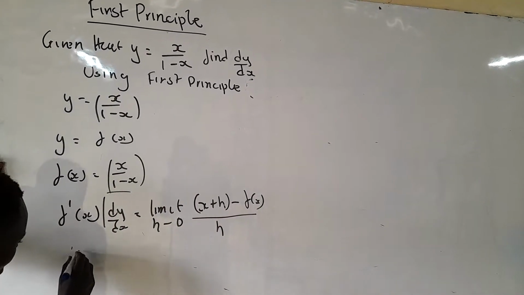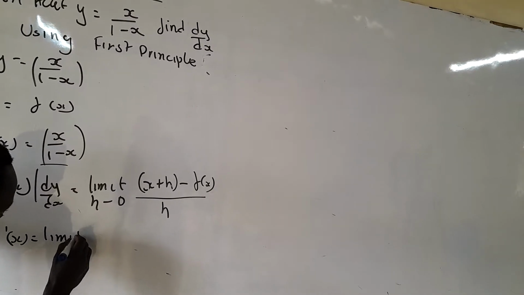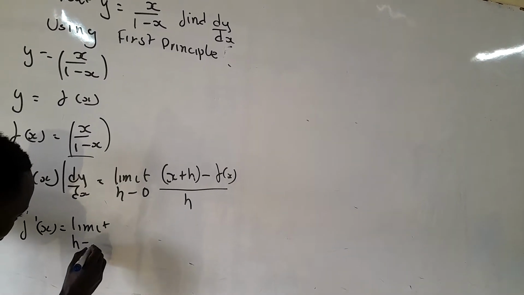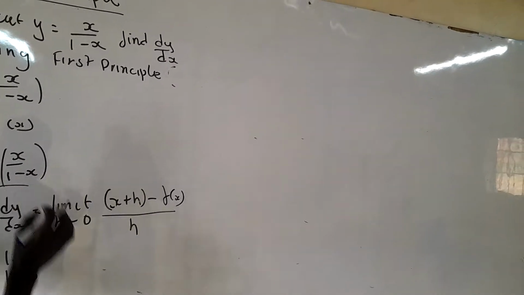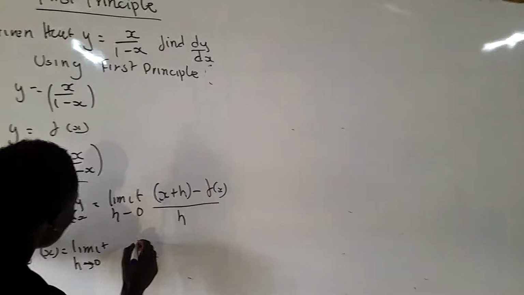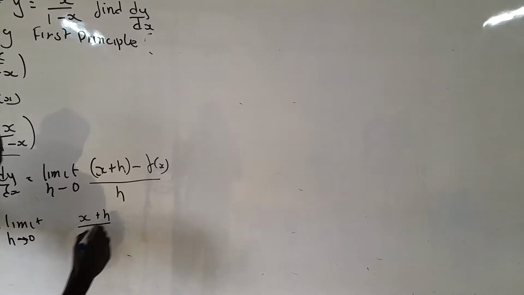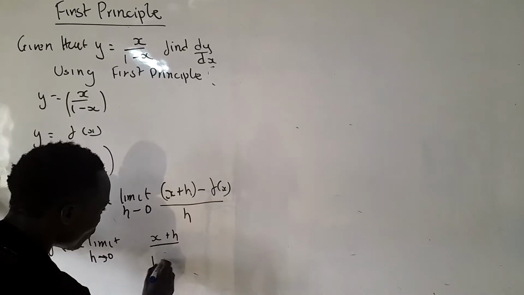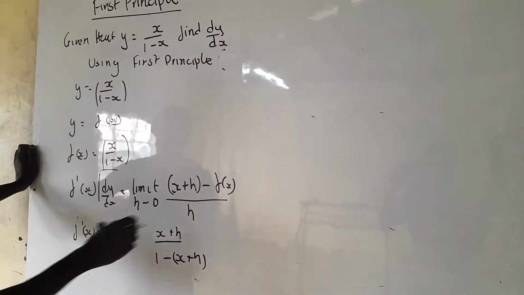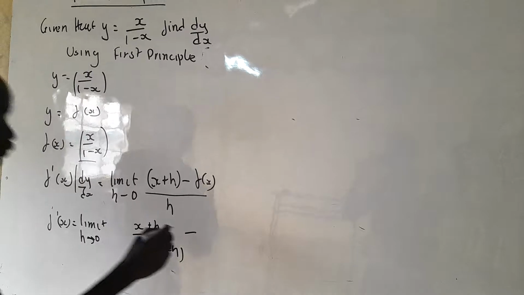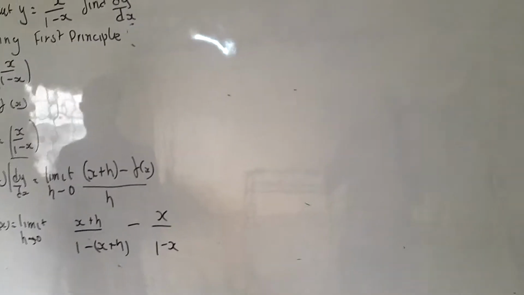So I will have f prime of x, the limit when h is approaching 0. So I will have f of x plus h, which means I will have x plus h all over 1 minus, in bracket, x plus h, minus f of x, which is all of that equation, x over 1 minus x.